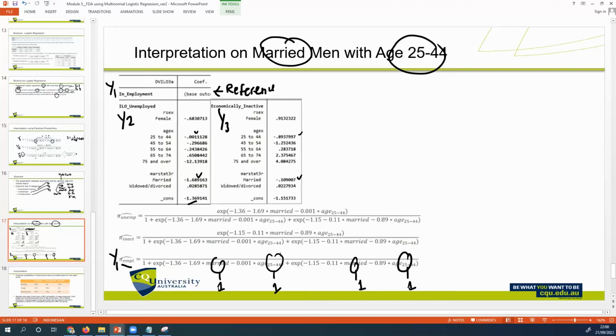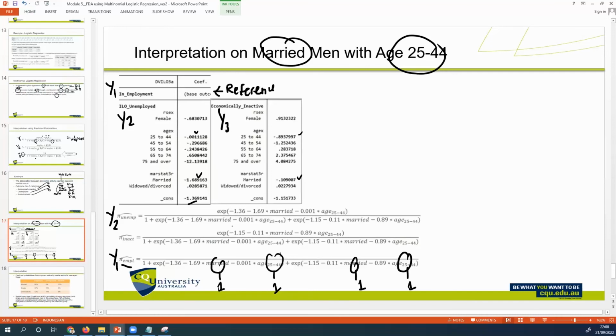That is for Y1, the probability of married men with the age of 25 to 44 being in employment. And then for Y2, unemployed.